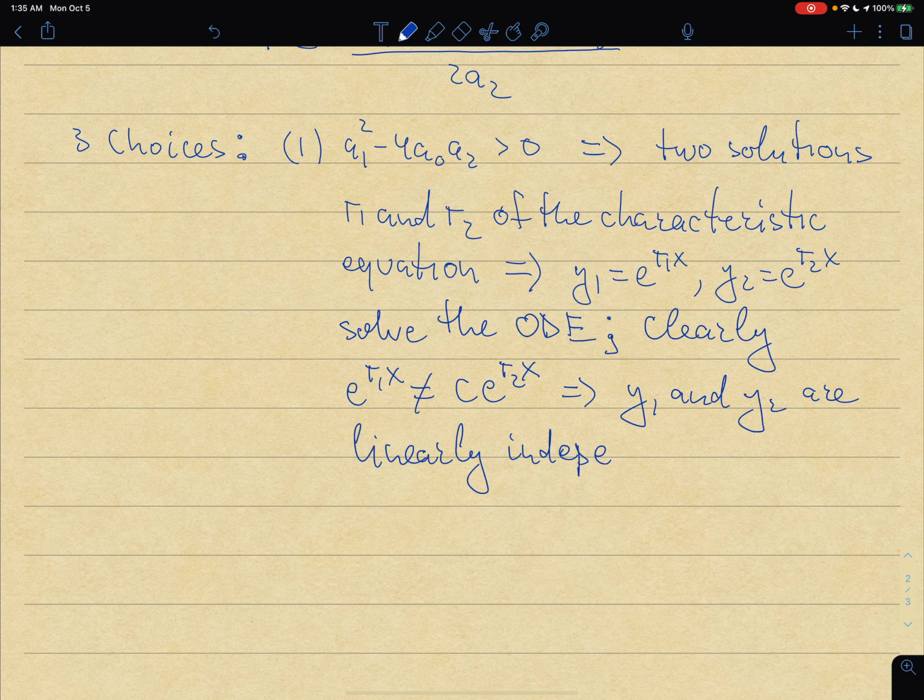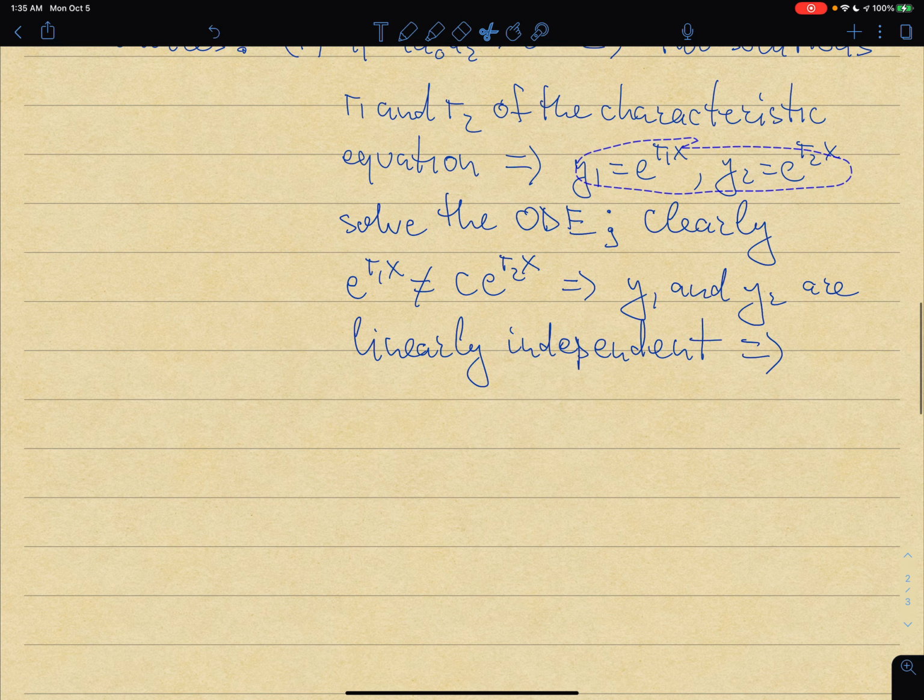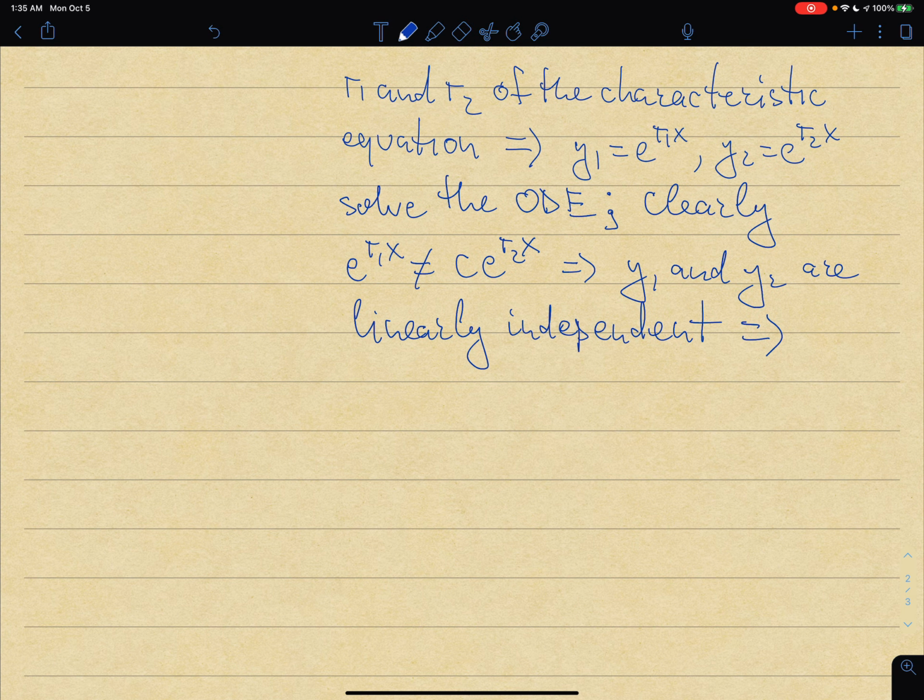And if they're linearly independent, that means that I have a second order equation, and I got two linearly independent solutions of this equation, so then what I got is a fundamental set of solutions, and therefore the general solution of my ODE is going to be a linear combination of these two solutions.